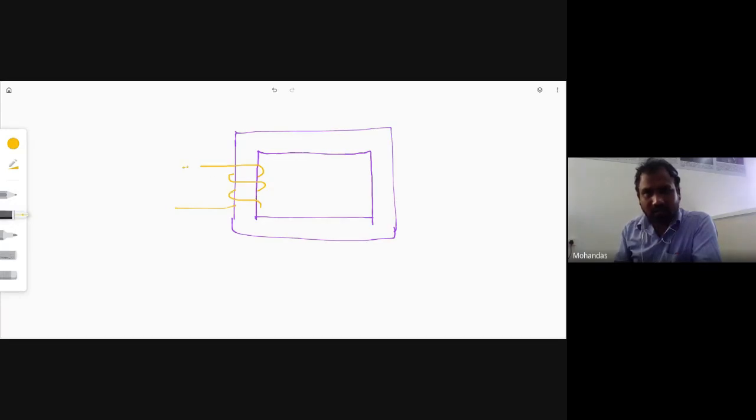Now, if you apply a voltage at this primary side here, and obviously current is flowing, which drives this current here, and this is the direction of the current in this loop. Now, in this case, tell me the direction of the magnetic flux.